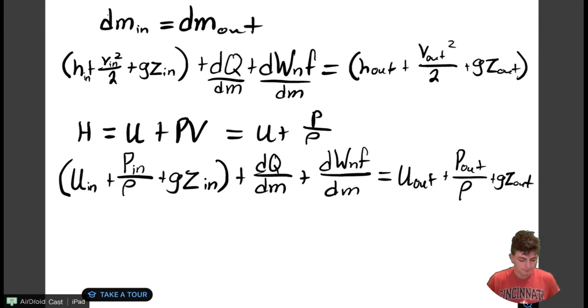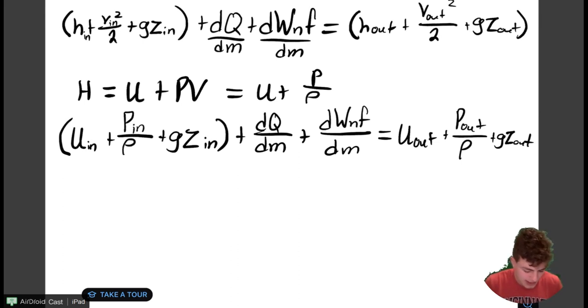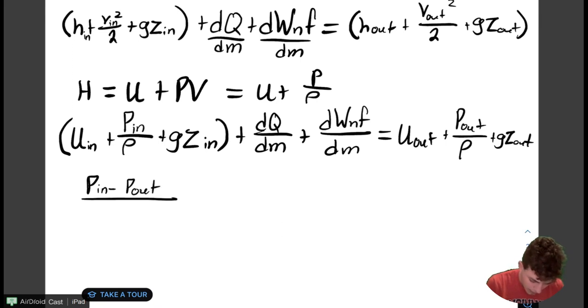There we are. Now, by moving terms to respective sides of the equation, I'm just going to do addition and subtraction at this point, and we will come up with this equation here. Let's see. We're going to move our pressures next to each other. And we're going to move our terms for potential energy next to one another.